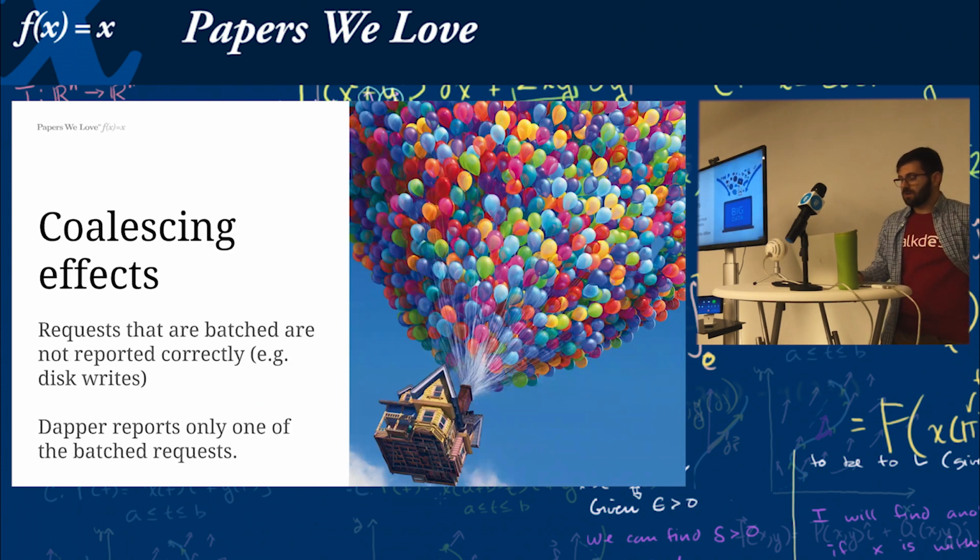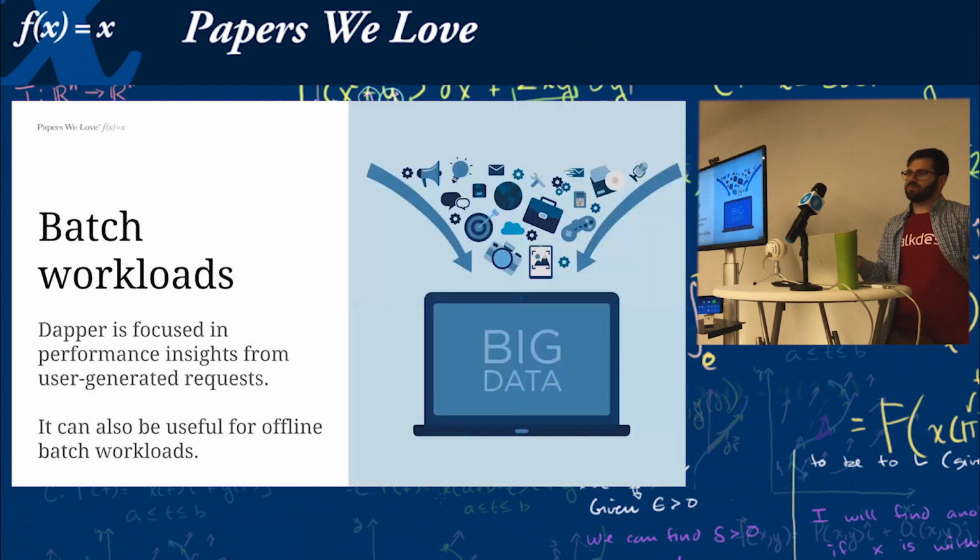Another lesson learned is that Dapper was created to measure requests from users. You are searching something at Google, you are viewing your email, that kind of stuff. But this is also useful for offline workloads. You are processing data every night, you are generating reports, and in those scenarios you also want to trace everything to find bottlenecks.